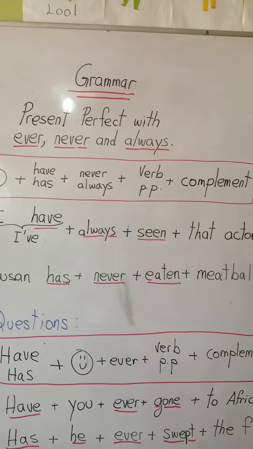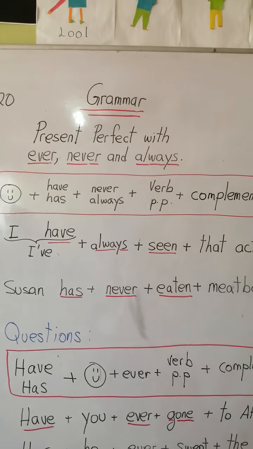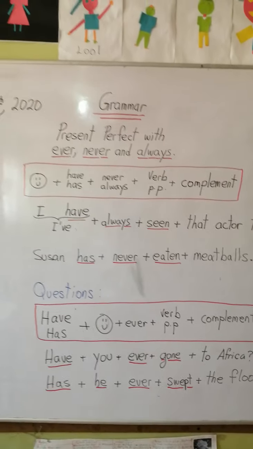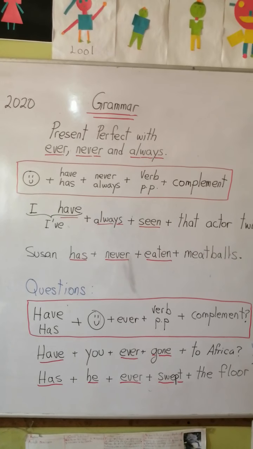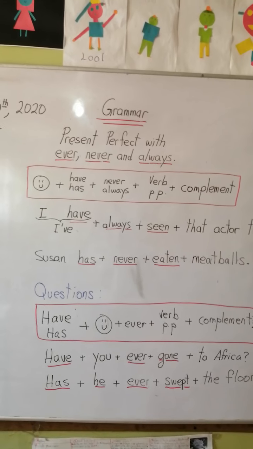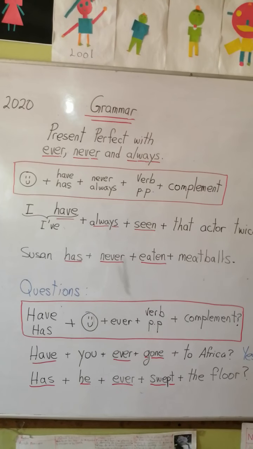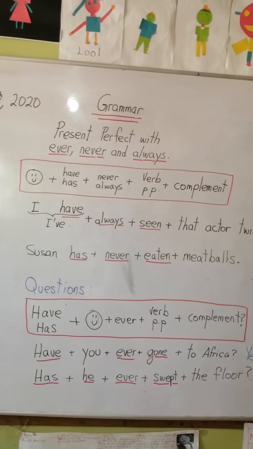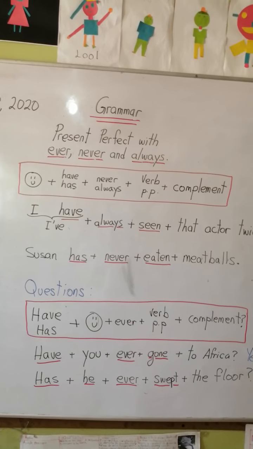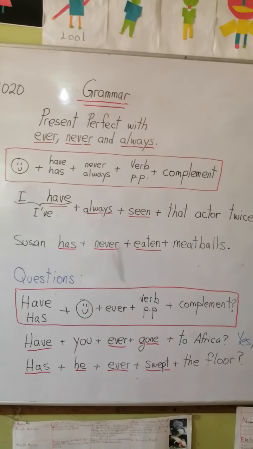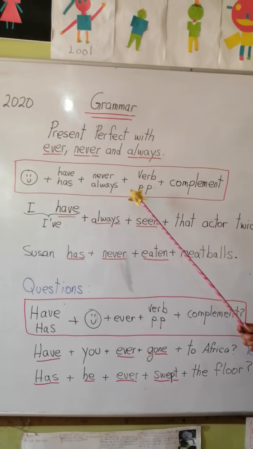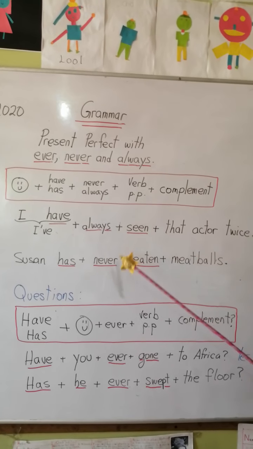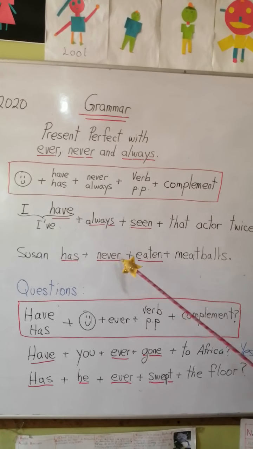You know that the verbs in past participle, you have these verbs in the sheet of paper that I gave you, in a list of verbs. For example, you are going to see that the verbs in past participle change for the irregular verbs.